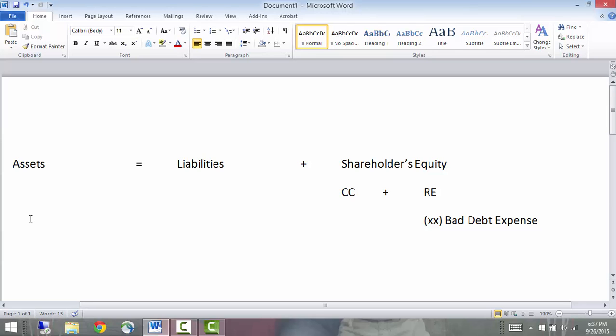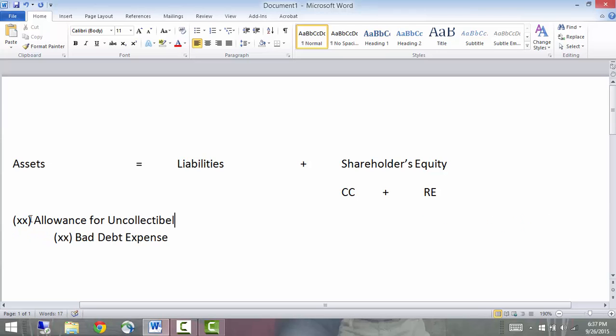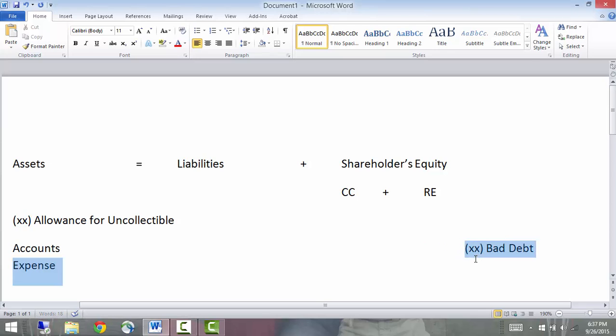So that's the expense, but we have to have something to balance this equation, and we're going to use another contra asset account. We have already used one contra asset account. This is our second contra asset account. It's allowance for uncollectible accounts.